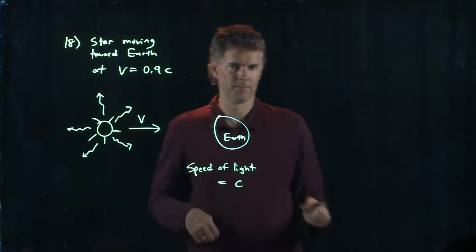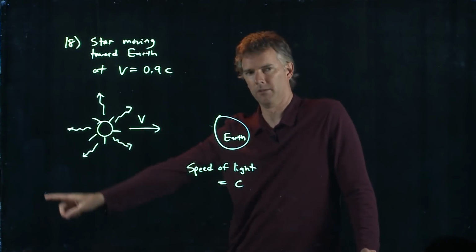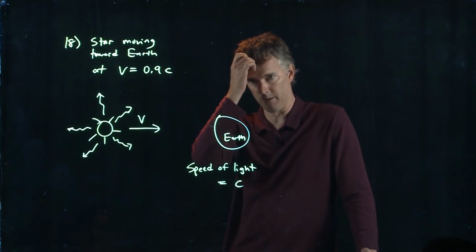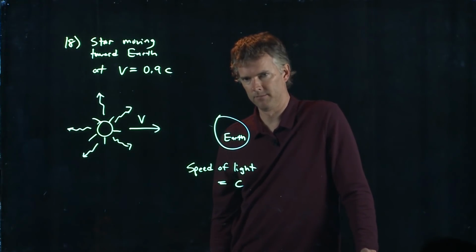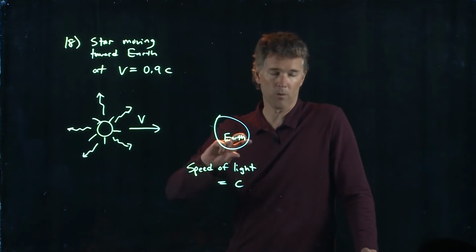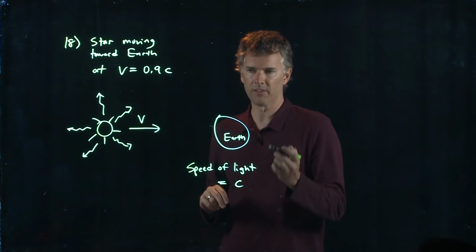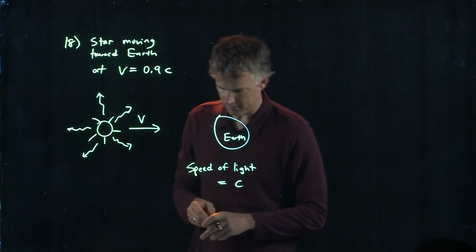C. What if the star was moving away from us at 0.9 c? What would you measure on the Earth for the speed of light? C. Okay. This is the second postulate of the special theory of relativity. No matter what the source is doing or what the observer is doing, you're always going to measure the exact same speed of light, c, which is one of the answers, answer E.